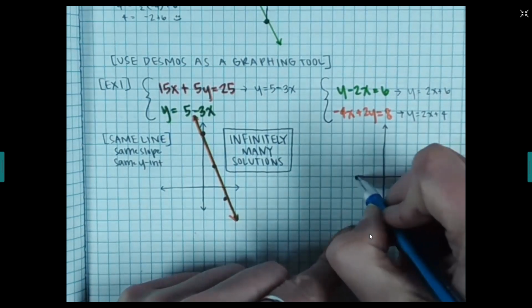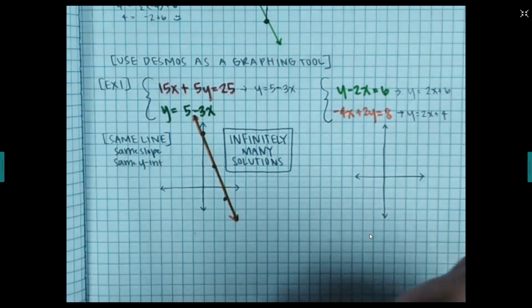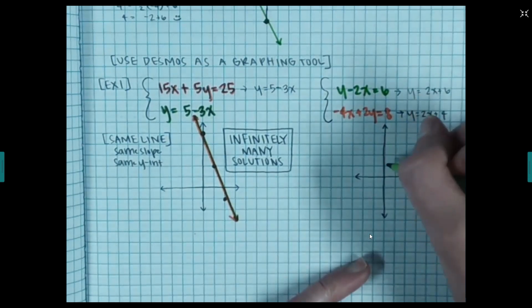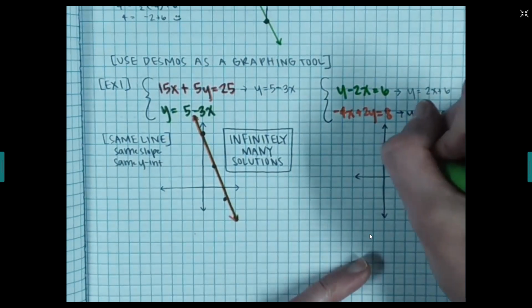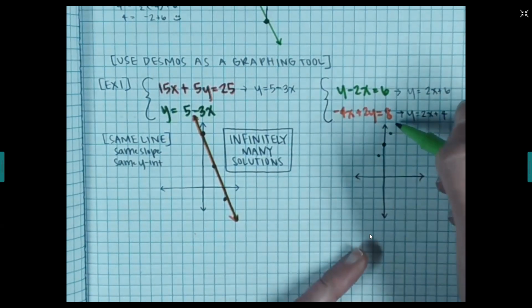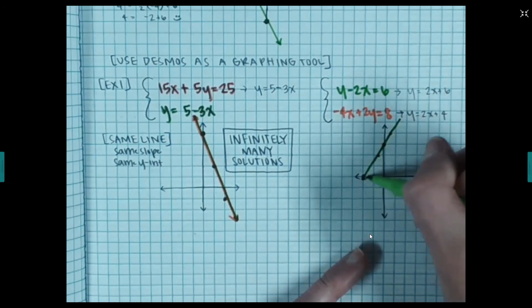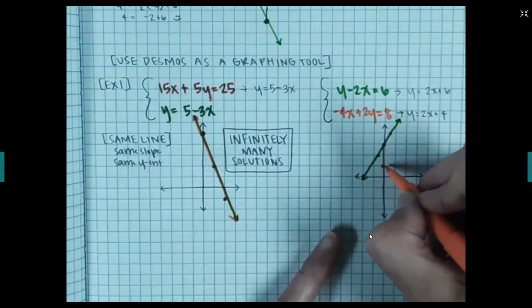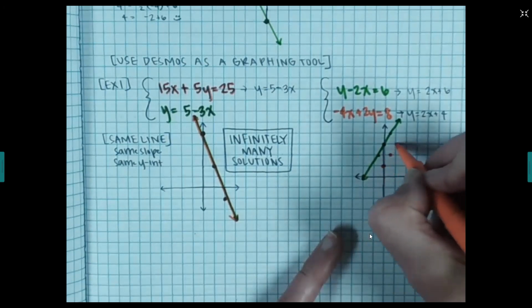And we have a y-intercept of 6. And I only went up to 4, so I'm going to go 2, 4, 6. And then it goes up 2 over 1, so I'm going to go both directions. And then this one has a y-intercept of 4. And it's again up 2 over 1.